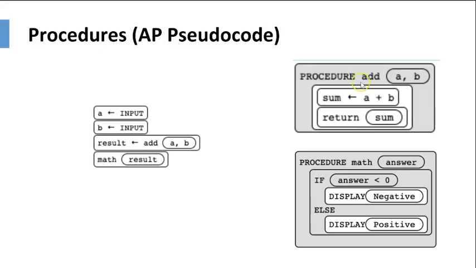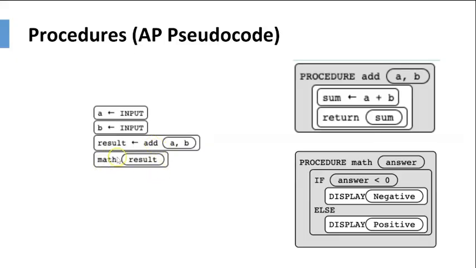But for this first example, we're just adding together 2 numbers, a number A and a number B. We're adding them and saving them into a variable called sum, and then here's our return statement, and it returns that number sum, right? So this is a procedure that you wrote ahead of time, and then this is our actual program code. A is a number that gets input by the user. B is the second number that gets input. Our result here is a variable that we use to save whatever is returned by our add function.